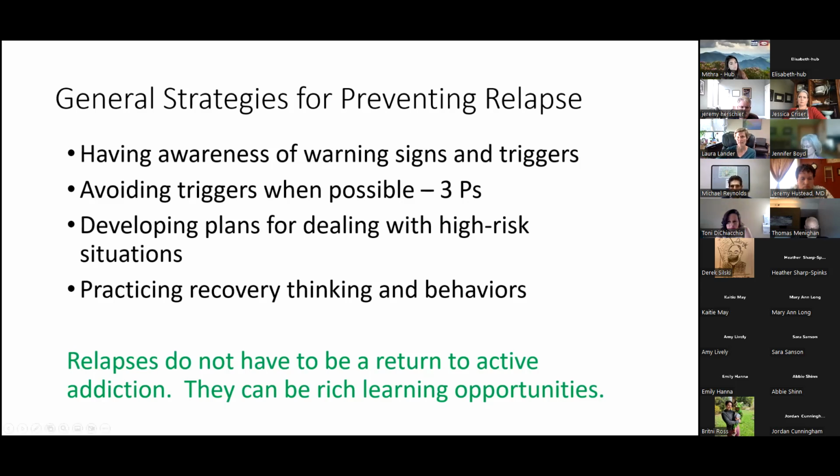And so we frame relapse as a learning opportunity that is not required. It's a little bit tricky when we say relapse can be part of recovery. It doesn't have to be part of recovery, versus relapse is part of recovery. Everybody's experience with relapse is a little bit different. It doesn't have to be a part of recovery, but it absolutely is an opportunity for learning.